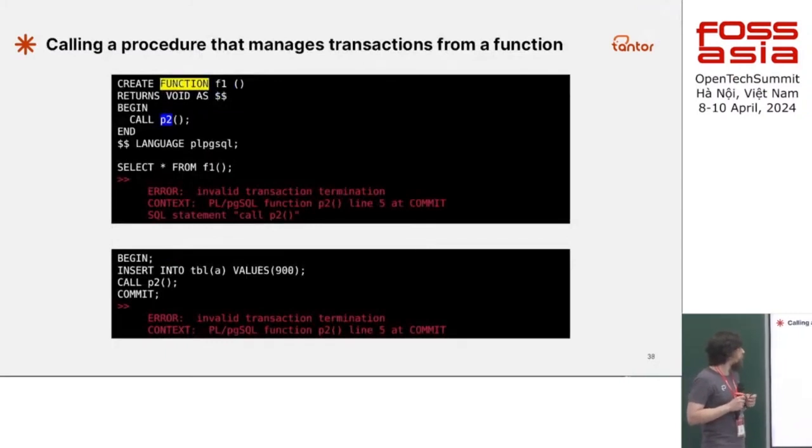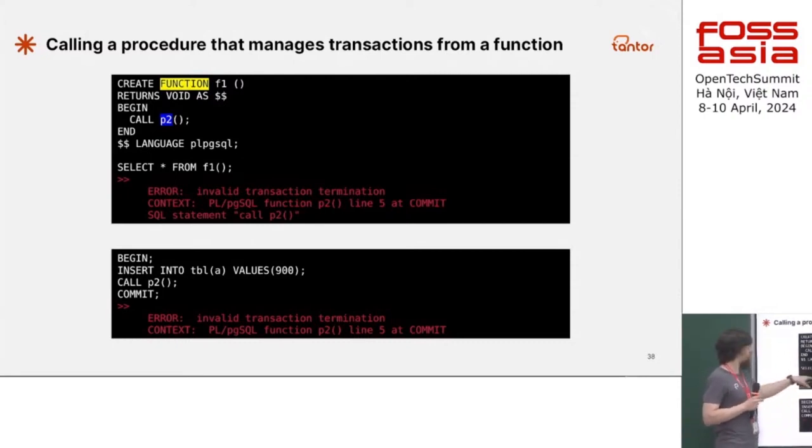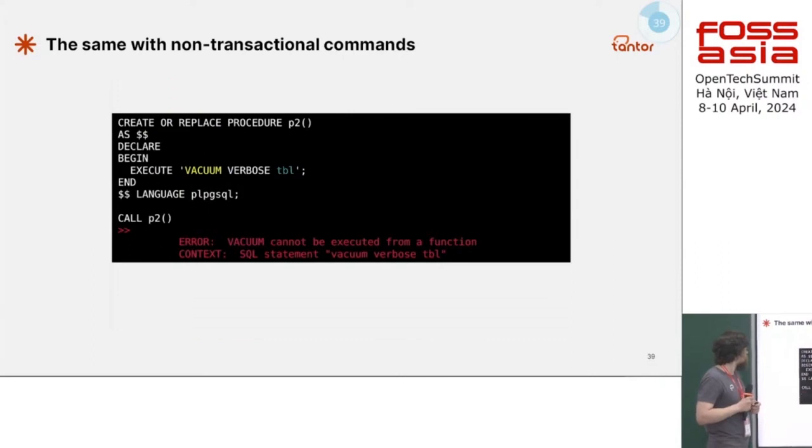But it's impossible to call a procedure that manages transactions from a simple function. Here is a function that calls our previous procedure, and we got an error. So it's also impossible to execute non-transactional commands in the procedure.